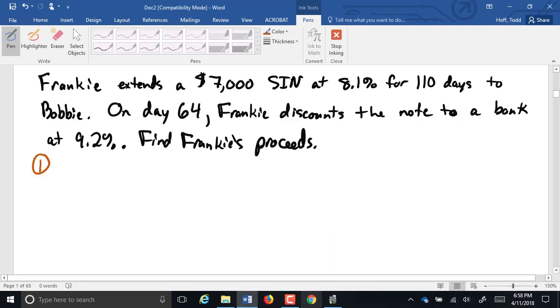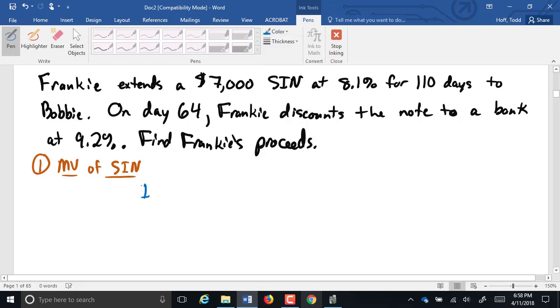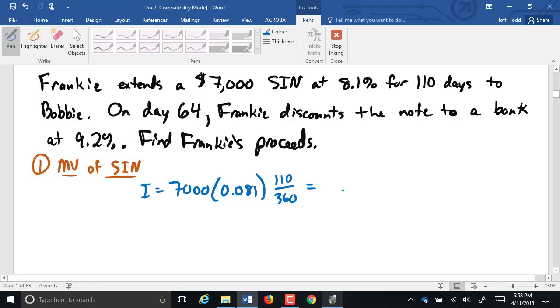So there's a couple of you still working on it, but let's see how you've done so far. Step one is the maturity value of the original simple interest note. How do we find it? $7,000 times 0.081 times 110 over 360 gives 173.25.